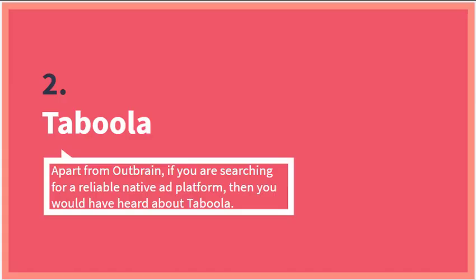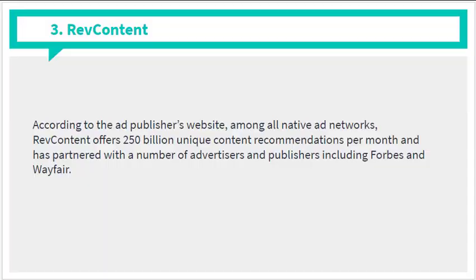Number 2, we have Tabula. Apart from HotBrain, if you are searching for a reliable native ad platform, then you would have heard about Tabula. It can be a great option for breaking in traffic and page views. It is used by Huffington Post, USA Today, and other top publishers.